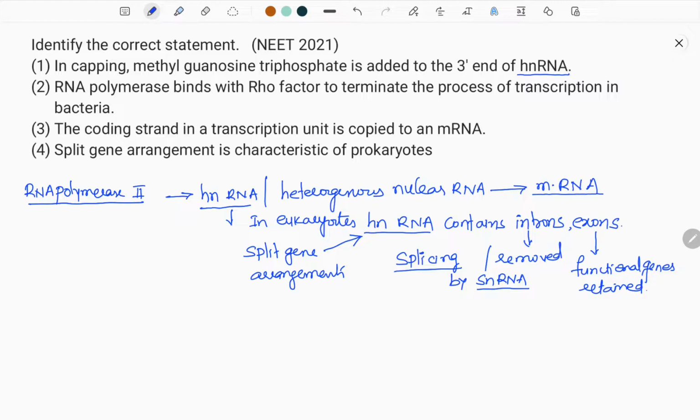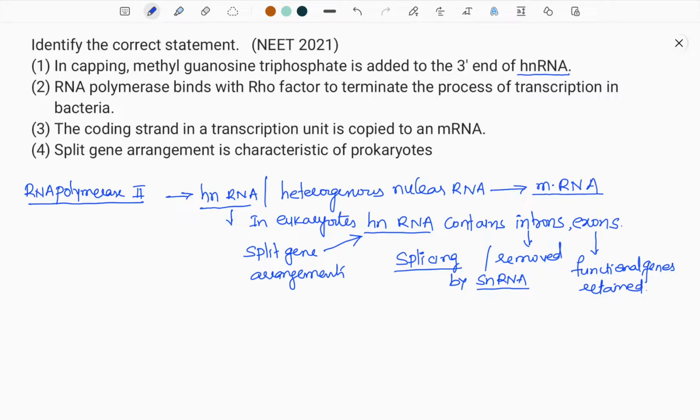In prokaryotes there is no necessity of splicing as there are no introns. So the processing of mRNA is not like that in prokaryotes. Once transcription takes place, that mRNA can undergo translation at the same time. On one end transcription will be going on, the other end translation will be going on, as there is no processing of mRNA. And moreover, in prokaryotes there is no separate nucleus.